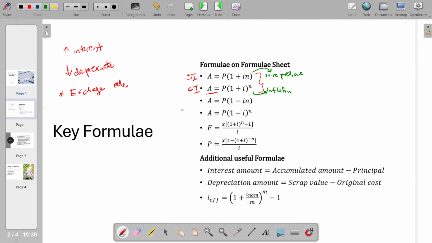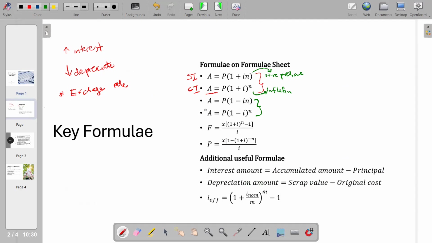Then number two, we have the second set of formulae. Here we check they are now having negative, meaning to say there is loss of value. So we use these methods when you are calculating depreciation.